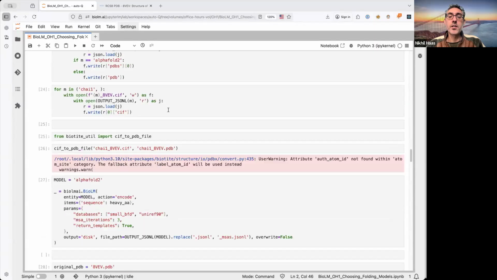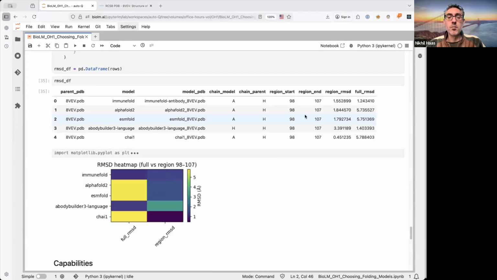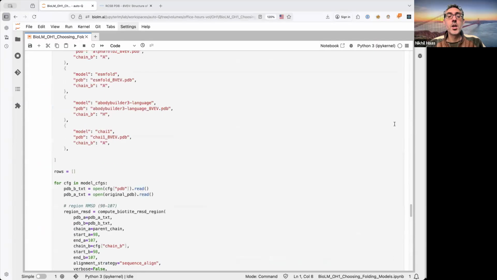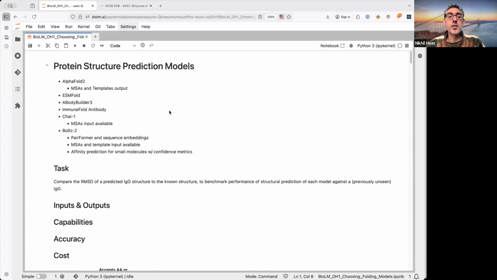Because if we look at the RMSD for AlphaFold for the full molecule, it's almost the highest, 5.73. So that's another consideration: some of these are used in other pipelines. And when you're using the pipeline, you've got to check which model it is using, because that one might not be very good at structure prediction for my molecule.